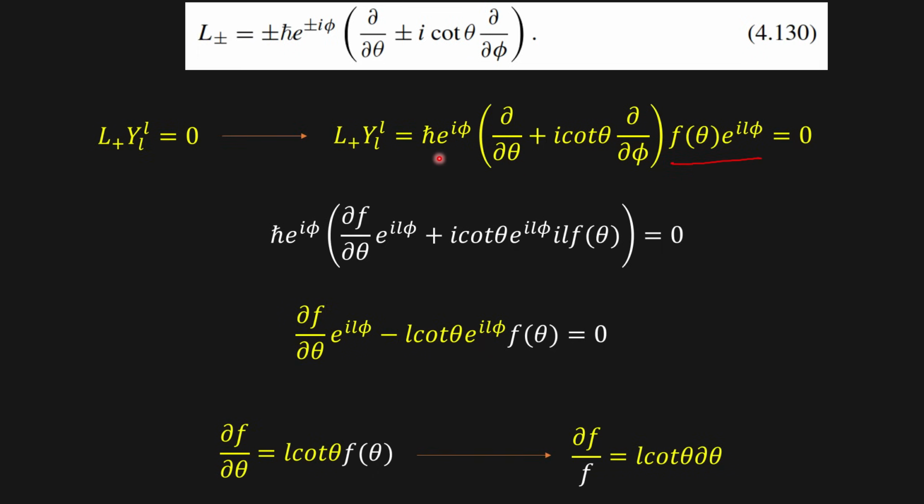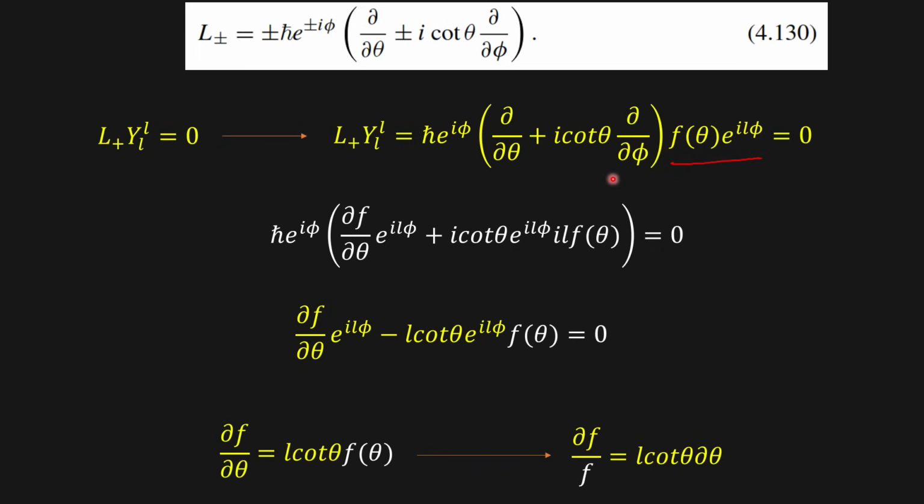Now you bring f of theta inside the bracket. First you differentiate with respect to theta. Only f is a function of theta, so you differentiate the partial of f over theta, and you keep e to the power i l phi as it is because it does not depend on theta.